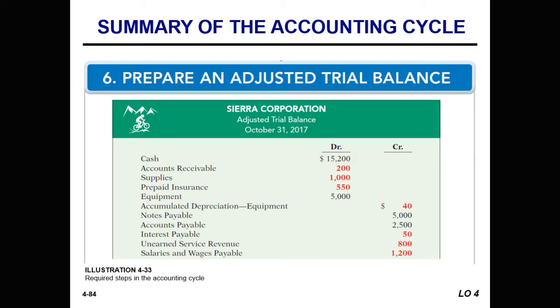The adjusted trial balance continues to prove the equality and gives you an opportunity to ensure that all of your adjusting entries had the effect you were expecting. No one's perfect, and every now and then someone will enter an adjusting entry backwards. When that happens, that may become apparent in an adjusted trial balance because you will have a non-normal balance in an account.